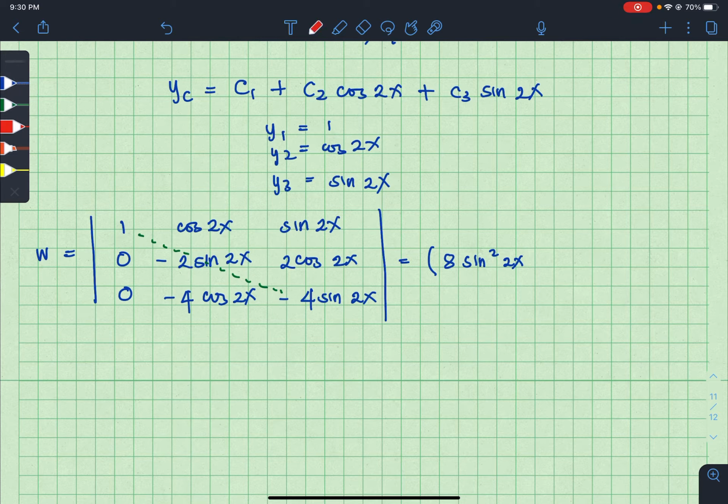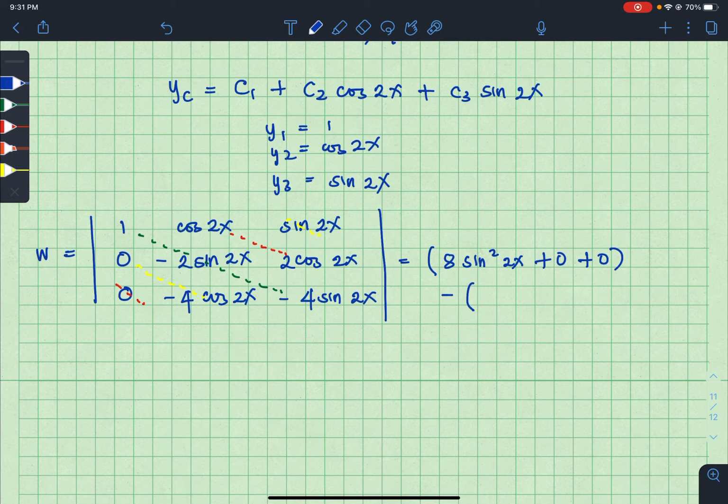And for our second, this is cosine 2x, however it is multiplied with 0, so that is plus 0. And then the next one, 0 multiplied with 4 and sine, so therefore that is still 0.